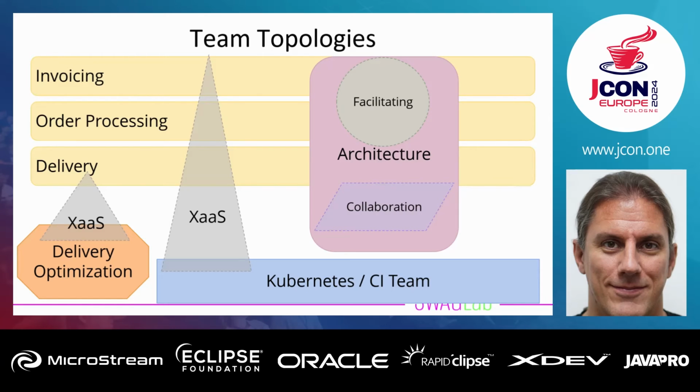In a way, it should be obvious, right? Because these stream-aligned teams are the ones that actually create value, and the others help, but they are supporting the other teams, and I think that's clearly the focus of the whole thing.